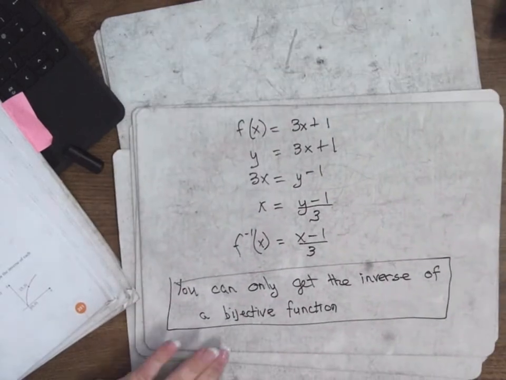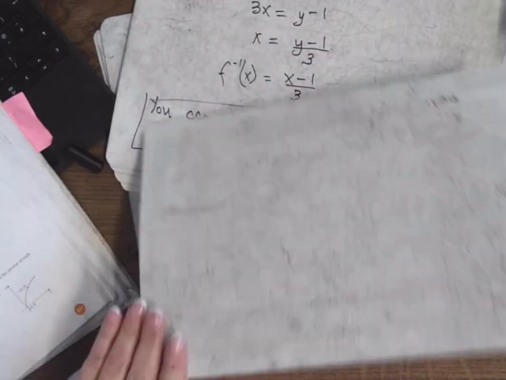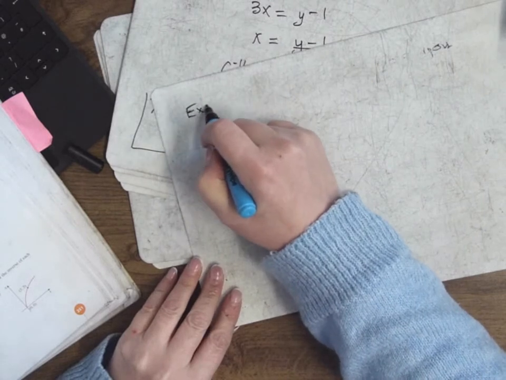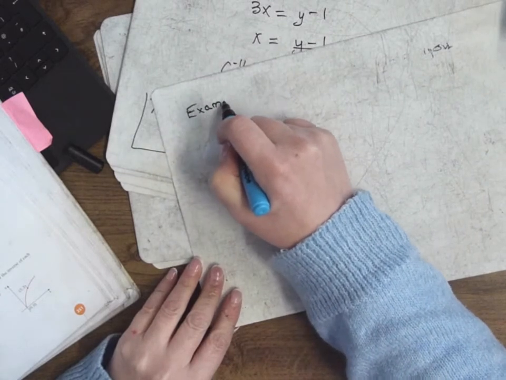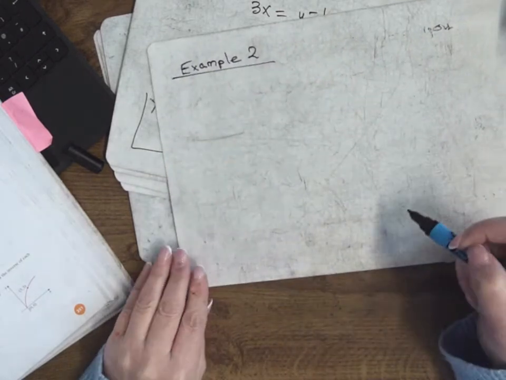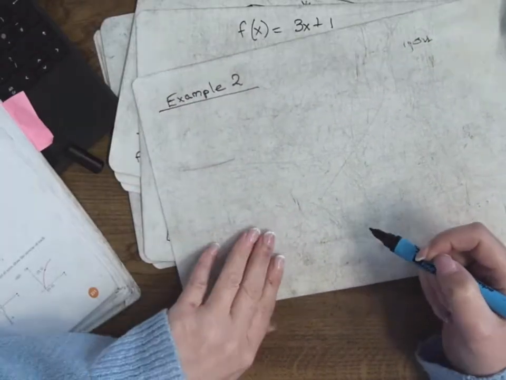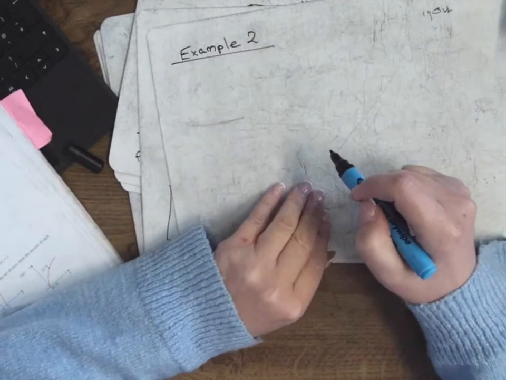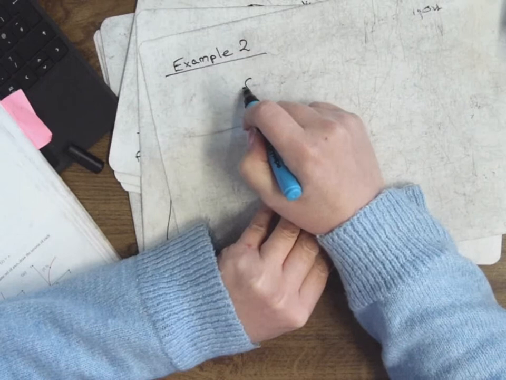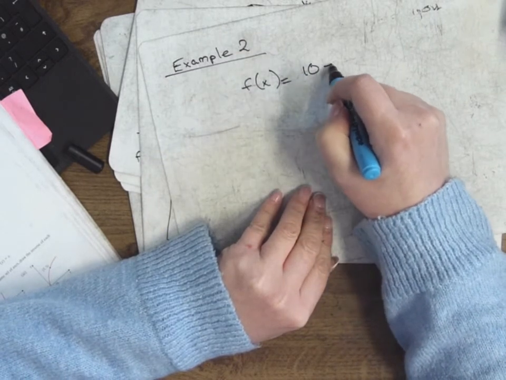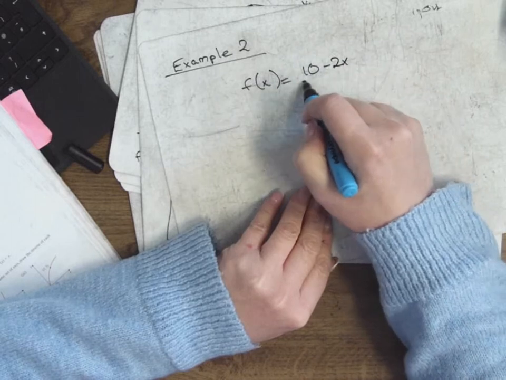Right. Another example, a harder example. I'm going to call this example 2 because I've just done an example up there. I just didn't put example 1 on it. Okay? Right, f of x is equal to 10 minus 2x all over 3.